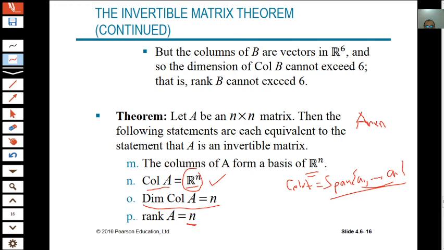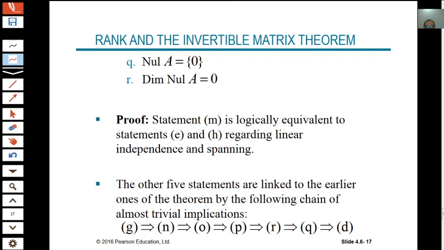Therefore we can obtain this result, and the dimension of the column space is equal to the rank of the matrix A. Okay, and if we have n for the rank of the matrix A, from the previous theorem we know rank A plus the dimension of the null space is equal to n, so we have 0 for the dimension of the null space, and the only vector space whose dimension is equal to 0 is the zero vector space.